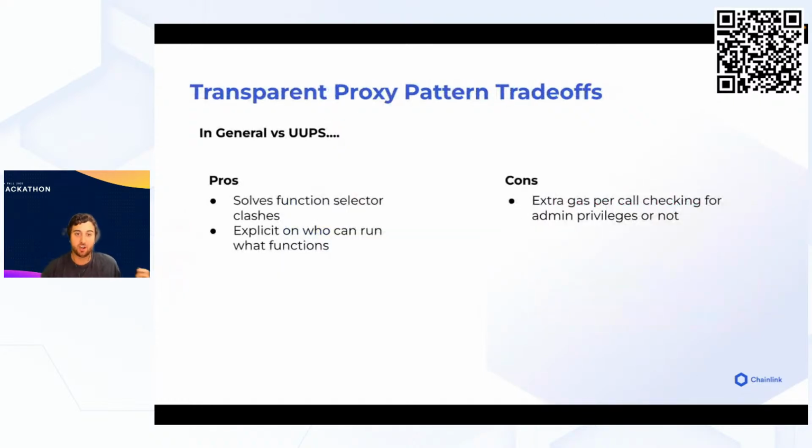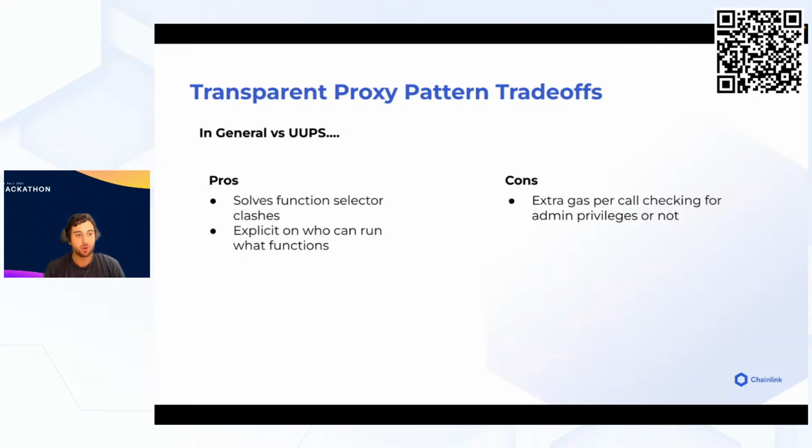Now, of course, there are trade-offs here, right? When you're using transparent or UUPS, what are those trade-offs? In general, the transparent proxy pattern, like both of these, solves function selector clashes. So both of them are good for that. And when using the transparent proxy pattern, it's very explicit about who can run what function.